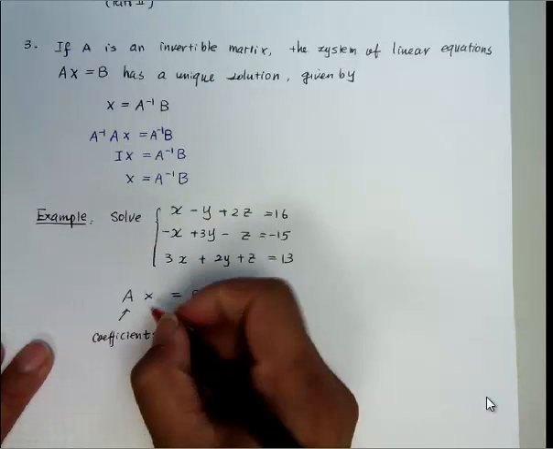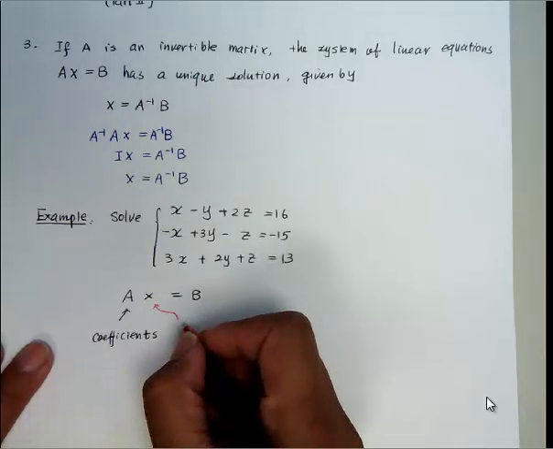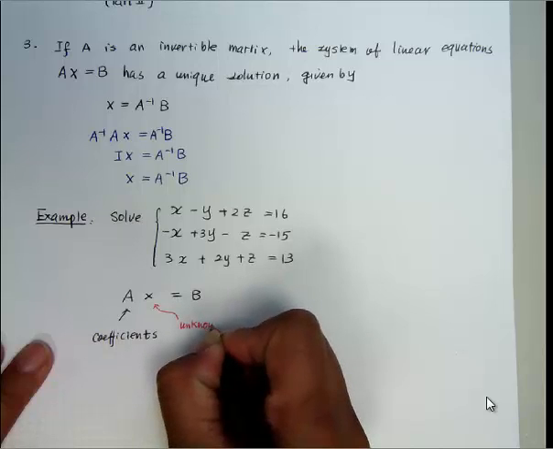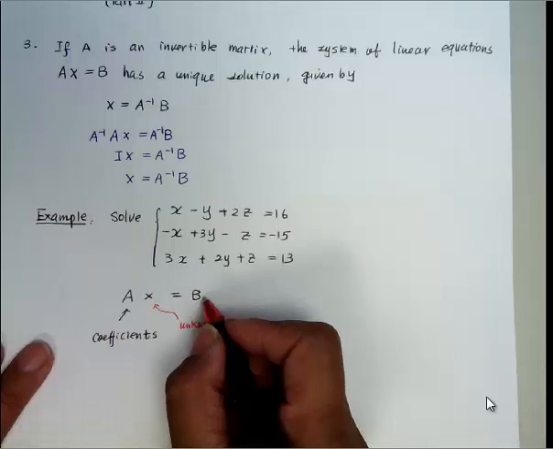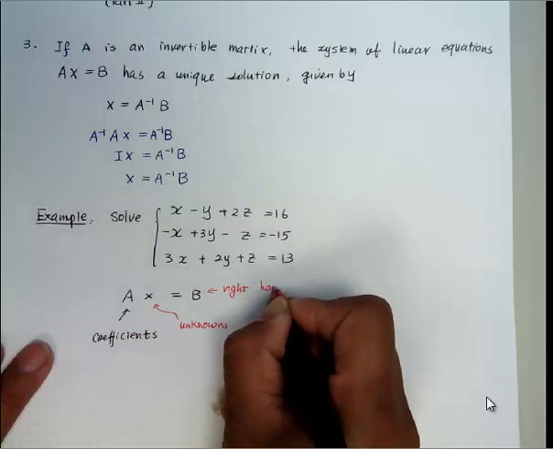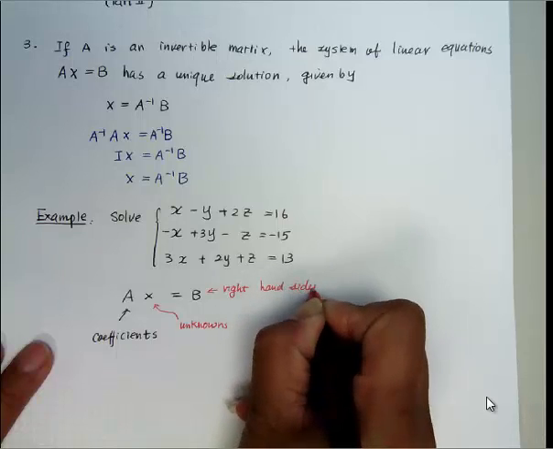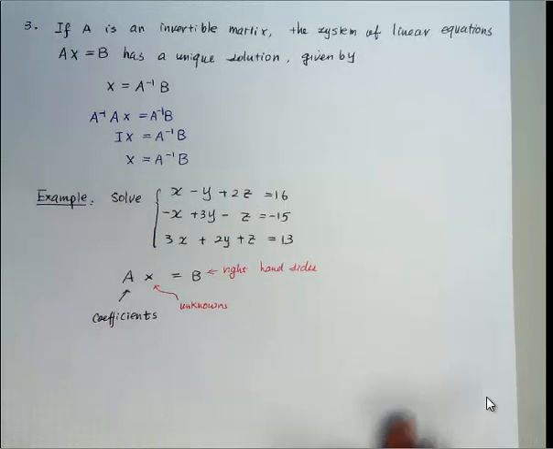And X is not really the single variable x; it includes x, y, and z, so it's the unknown matrix. And B is the right hand side.